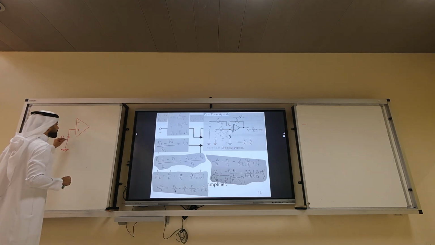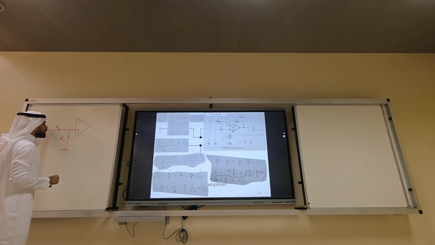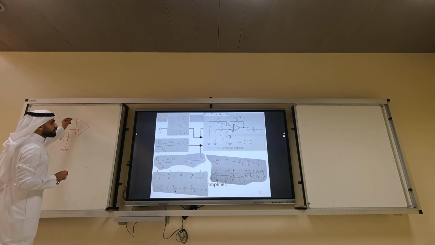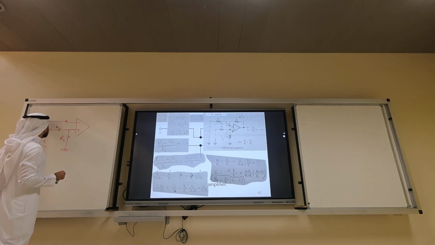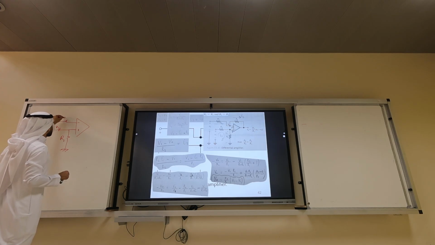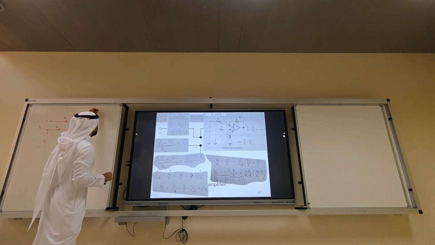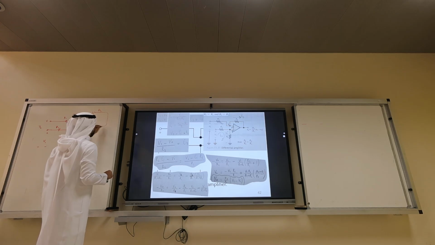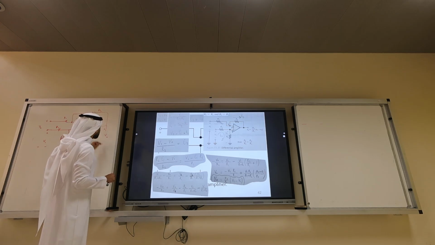So I'm going to call this R2, I'm going to call this R1, and here we have plus and minus V1. Okay? On the other hand, in the negative input, we have just R1, and here we have V2. Then we have a negative feedback through R2, and we're connecting it to an open circuit V output. There is no R load.